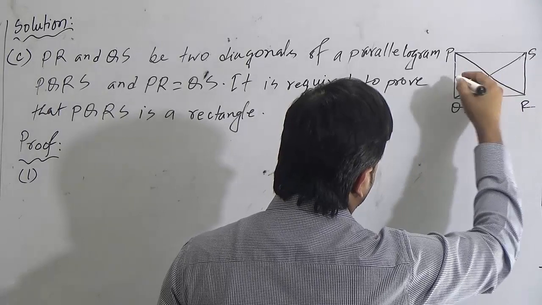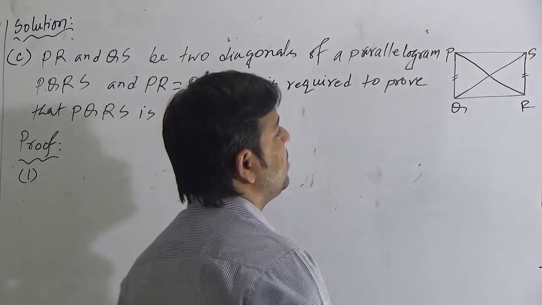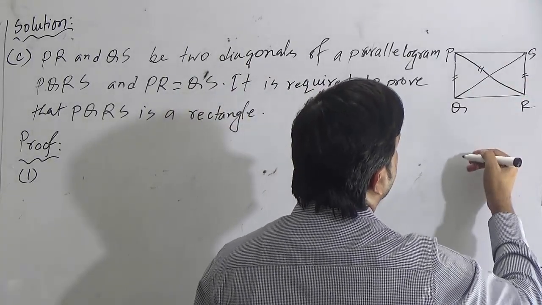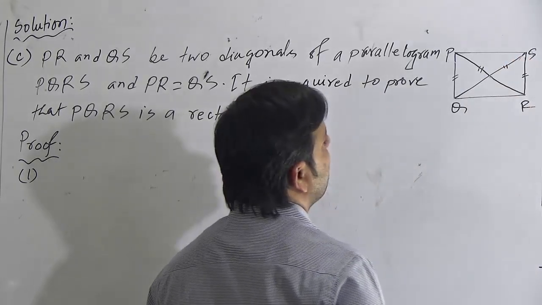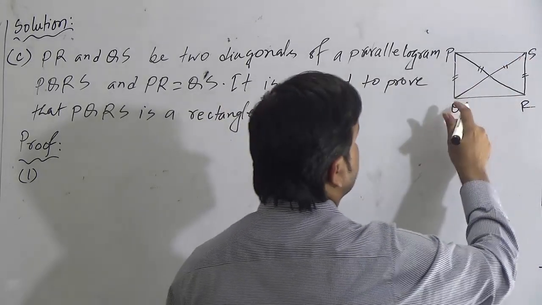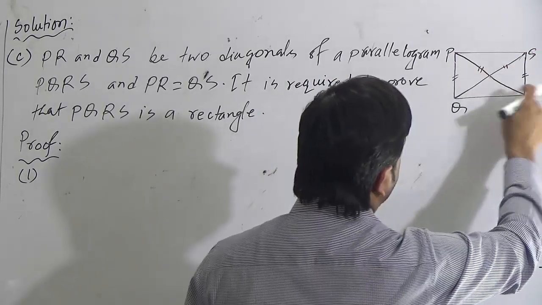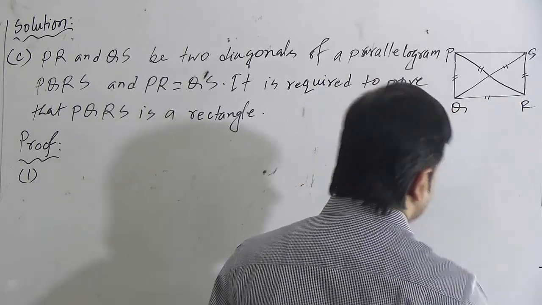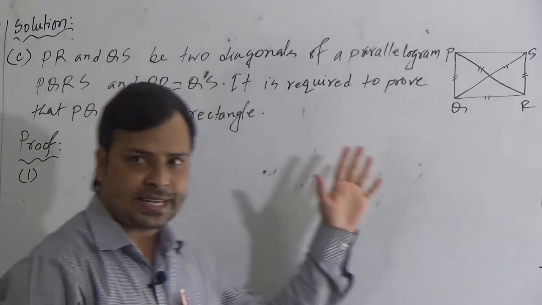As this is a parallelogram, these two sides are opposite, it means the lengths of these two sides are equal. And here, if you notice, diagonal PR is equal to diagonal QS. So, these two sides are also equal. Now, QR is the common side of both triangles.